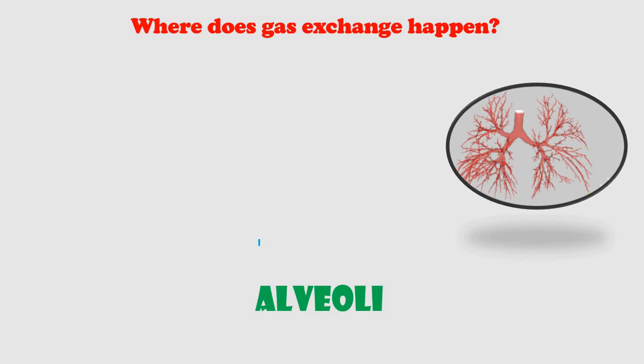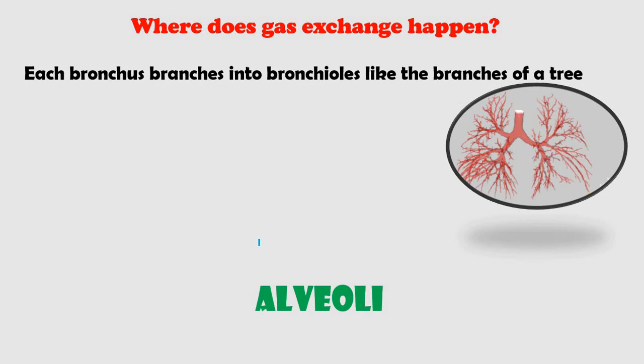Back to gas exchange. Where does gas exchange, or respiration, happen? It happens inside your lung. Where exactly? We need to remember that each bronchus is branched into bronchioles.